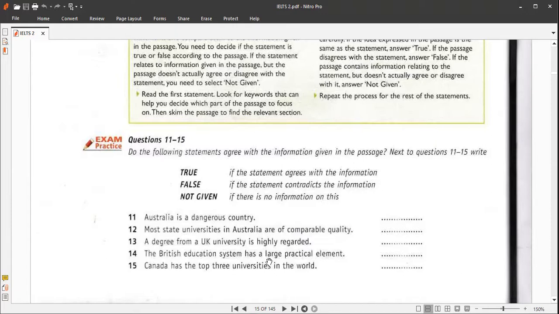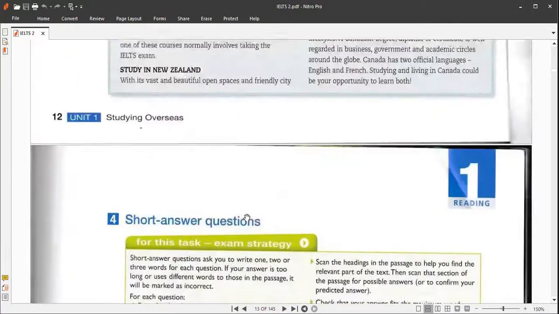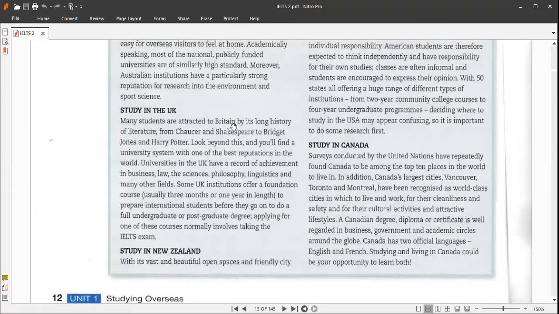The British education system has a large practical element. Okay, large practical element in the UK. Okay, practical element.